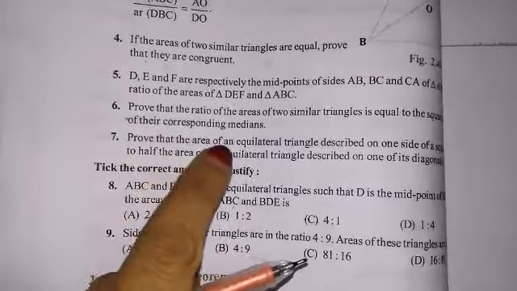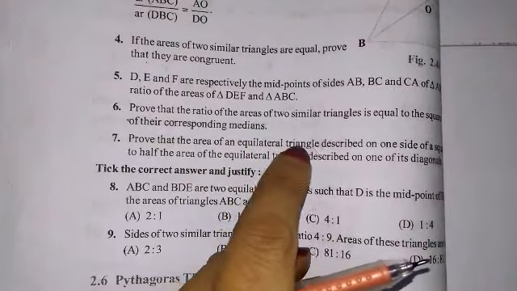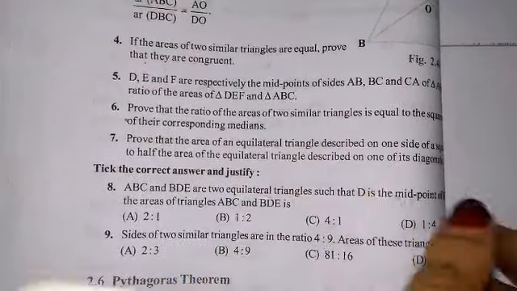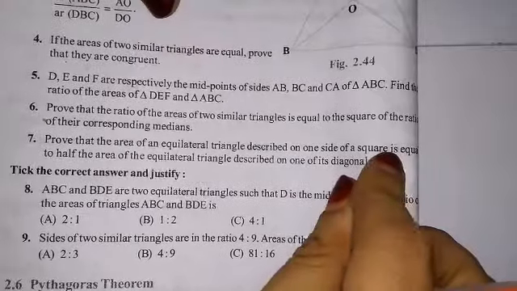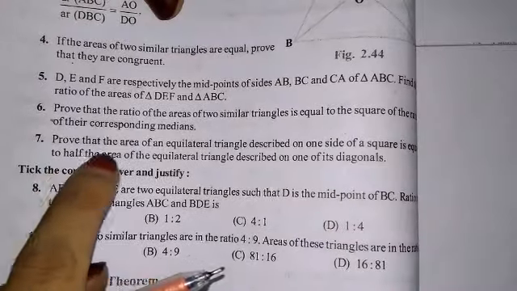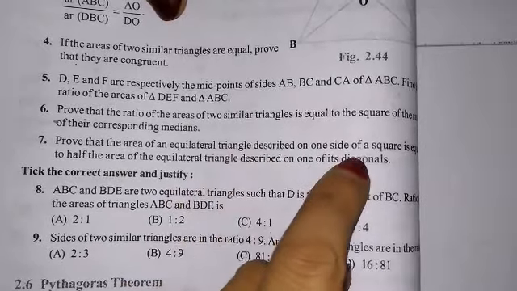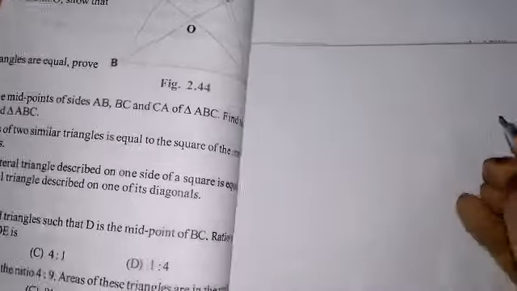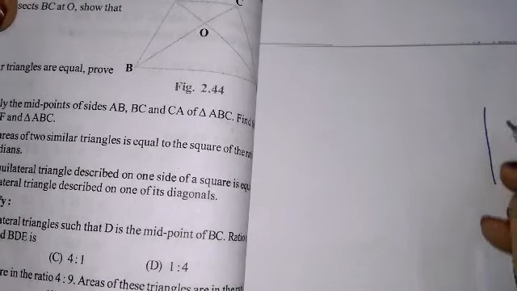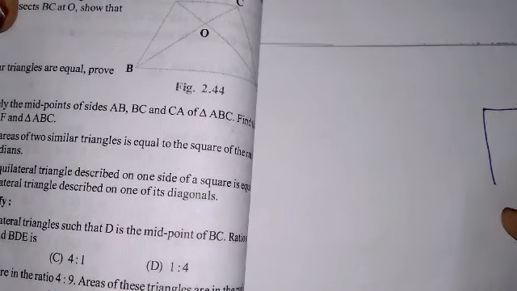Now I'll be doing question number 7. Prove that the area of an equilateral triangle described on one side of a square is equal to half the area of the equilateral triangle described on one of its diagonals. That means one square is there, then two equilateral triangles will be there.